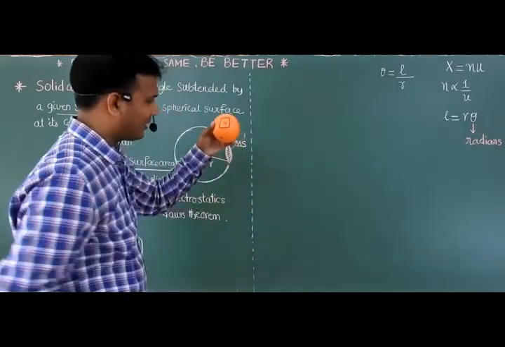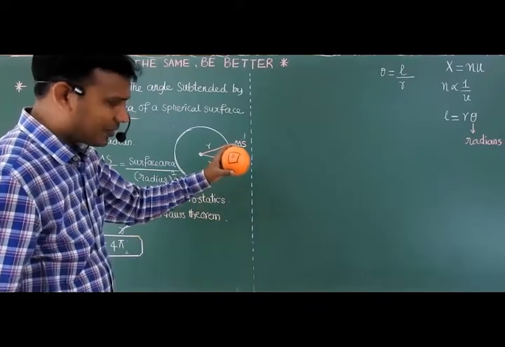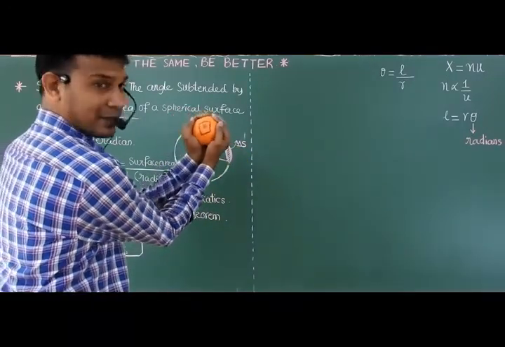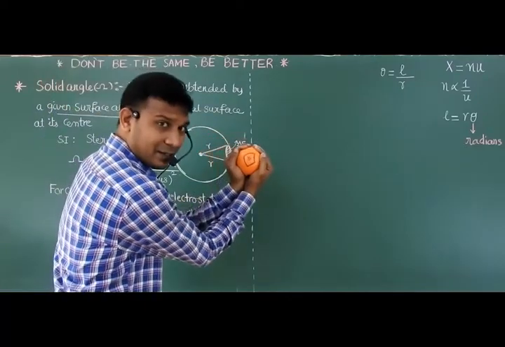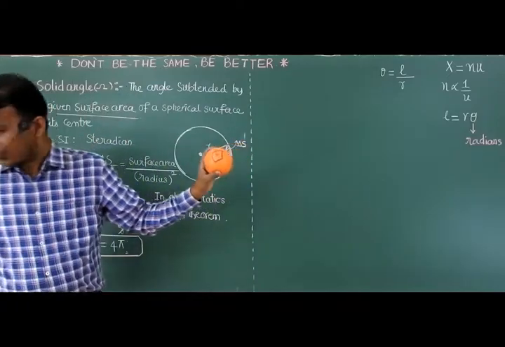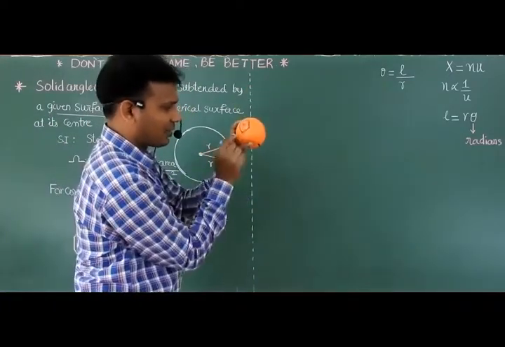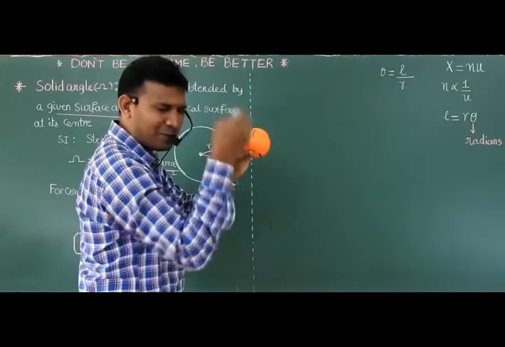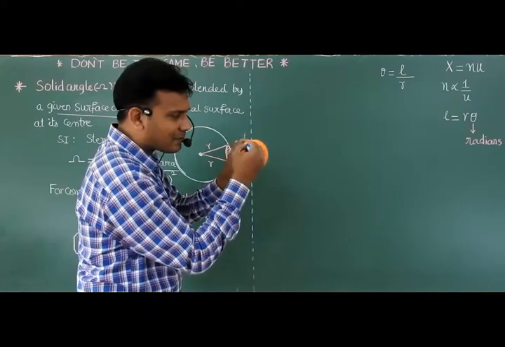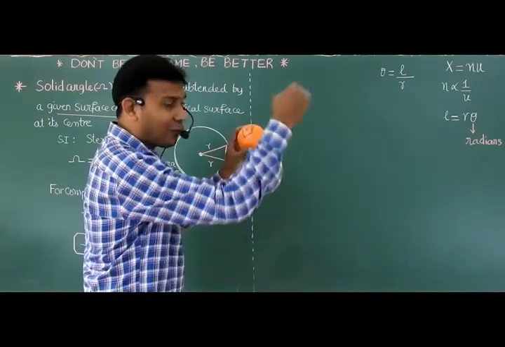Let us consider it is a sphere. Is it clear? Is it visible? So here in this sphere, at the center you have to imagine the center. Then here I am considering only this much of the whole surface area.